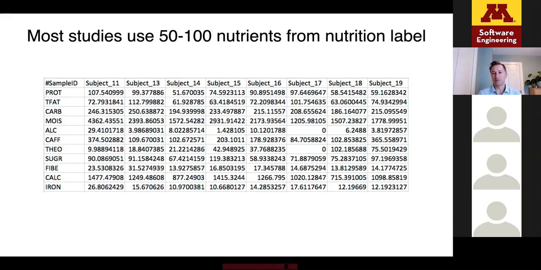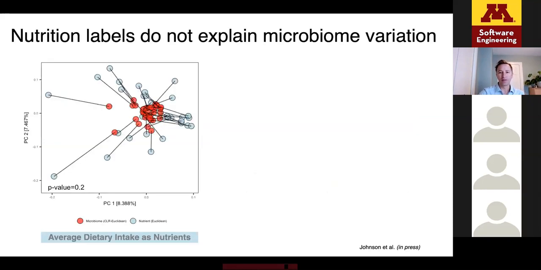This is what we started with, and this is what a lot of studies have done with nutritional data: take the food list, which is very unique to each person, and project it down to nutrients, which are common across all foods. In theory, you'd think that would work. But when we tried this, we found the nutrition labels didn't explain the microbiome variation across people at all.